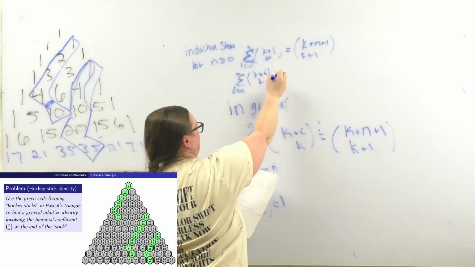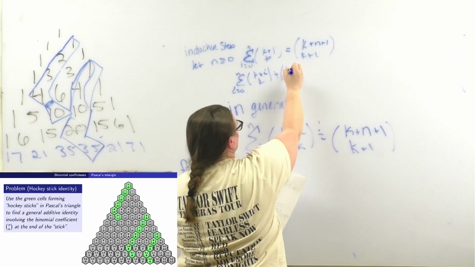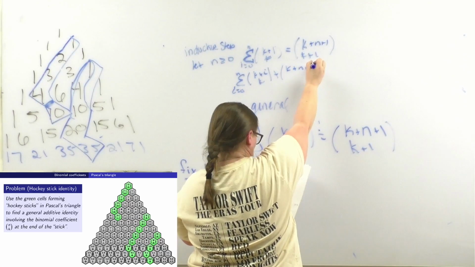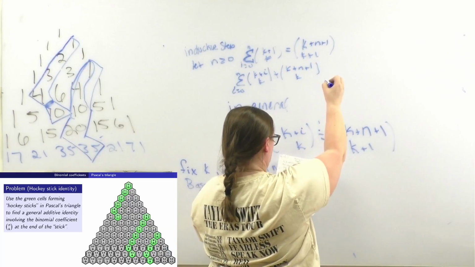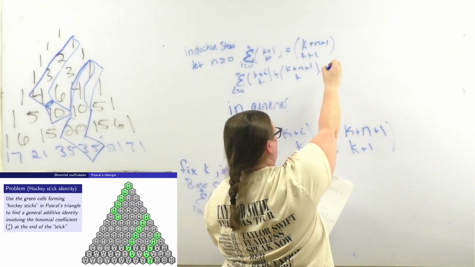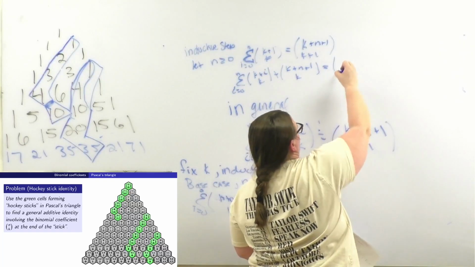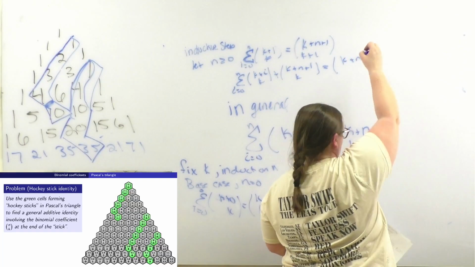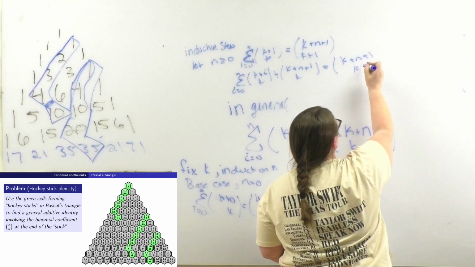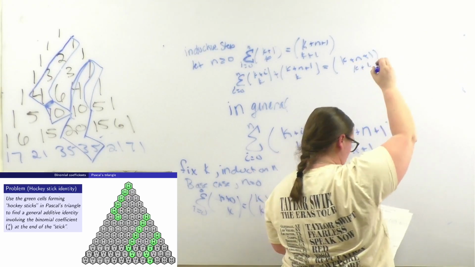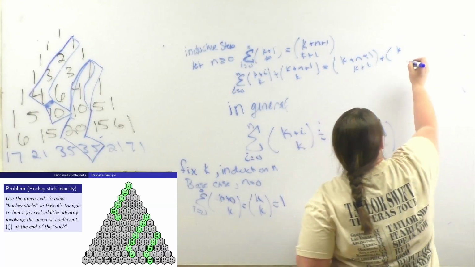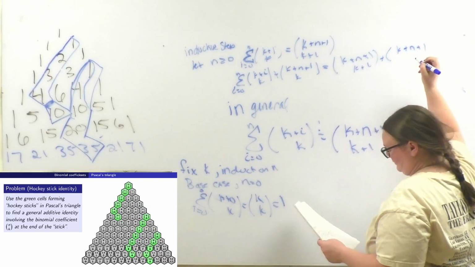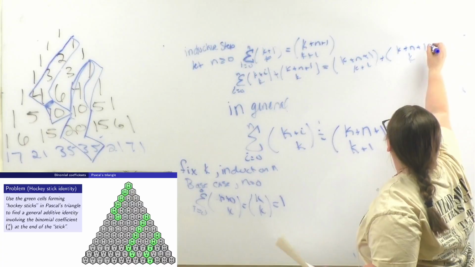And then we're going to do another one, k plus n plus 1 choose k. And this, by our inductive step, we get k plus n plus 1 choose k plus 1, or plus, whoopsies, k plus n plus 1 choose k.